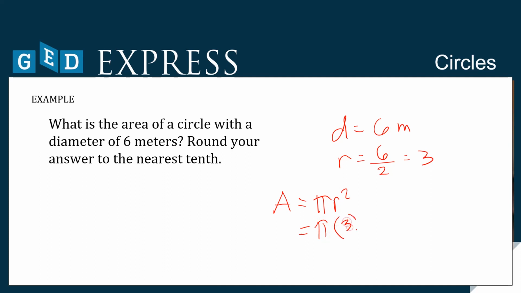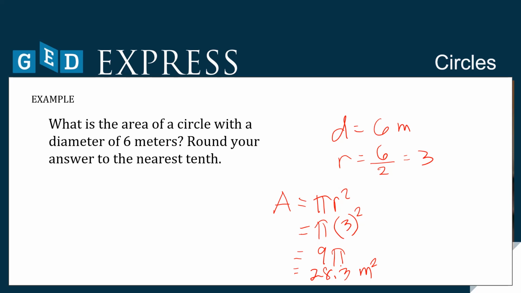The radius is 3 and it's to the power of 2, so we have 9 pi, which is equal to 28.3 square meters. Round your answer to the nearest tenth, so I just write one digit after the decimal point.